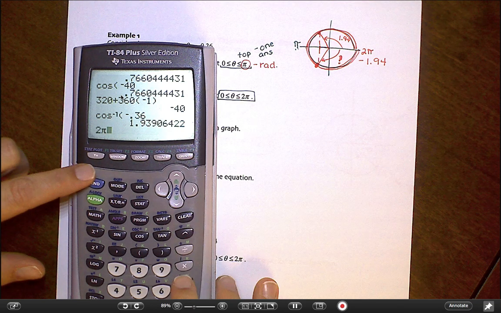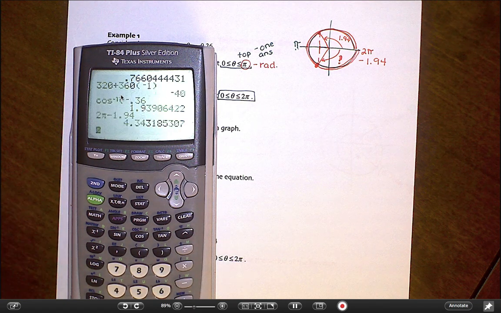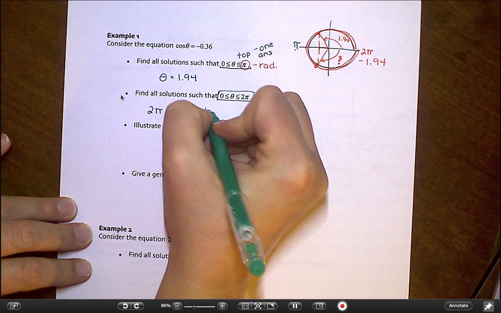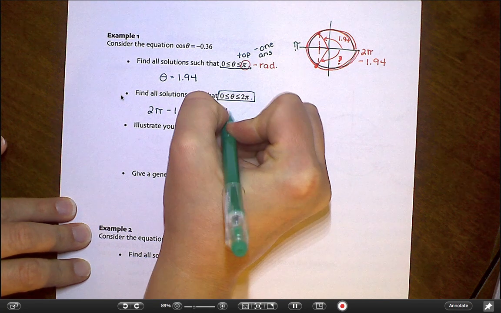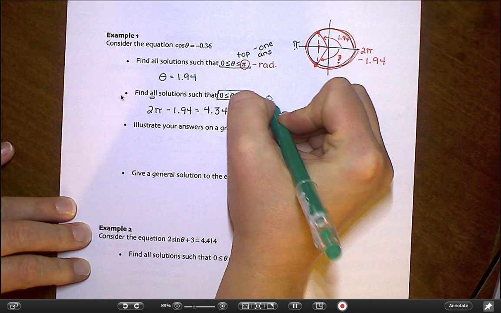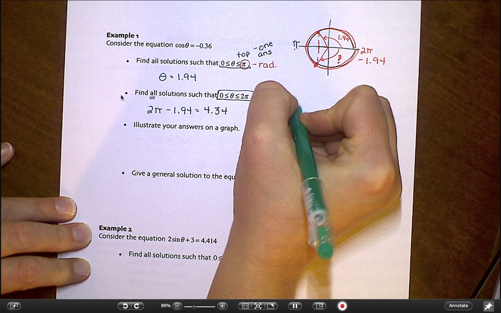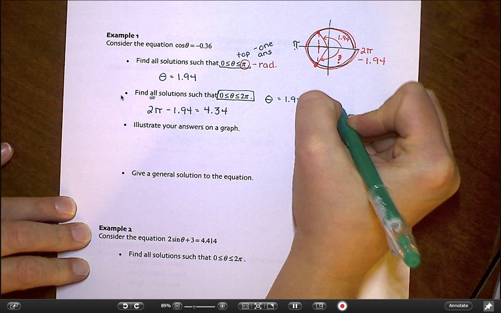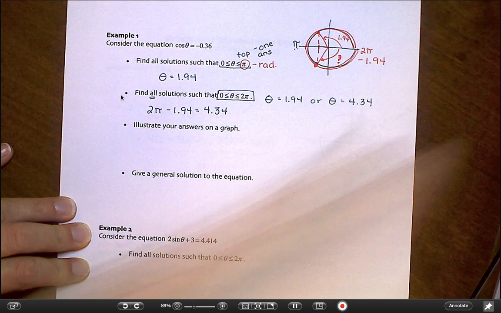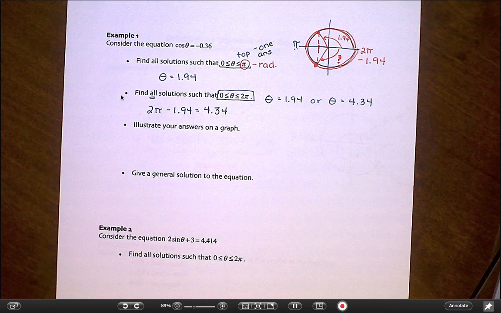So 2 pi minus 1.94 is 4.34. So the way I would answer this question, because it wants all solutions, I would say theta equals 1.94 or theta equals 4.34. Okay, either one of those would be correct.